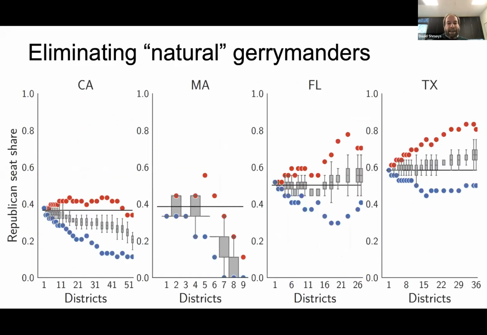Taking a few states as an example, let's focus first on Massachusetts. Again, overall, the Republican seat vote share is in the roughly 40% range. By the time you get to 4 districts out of the 9, or 3 districts out of the 9, you can see the resulting solutions that can be obtained.